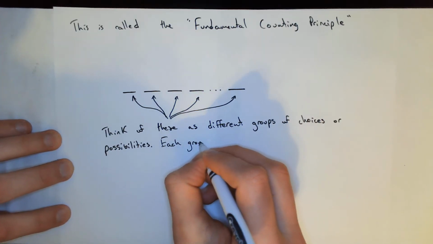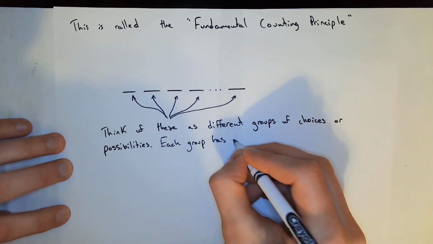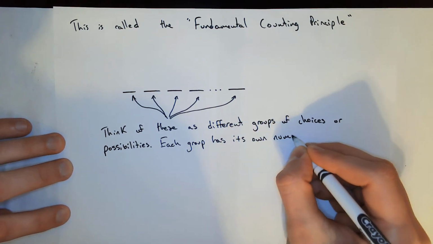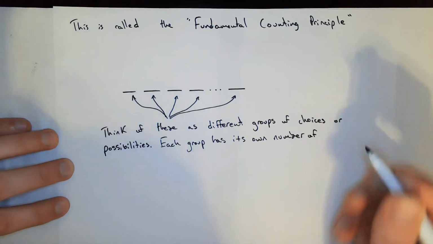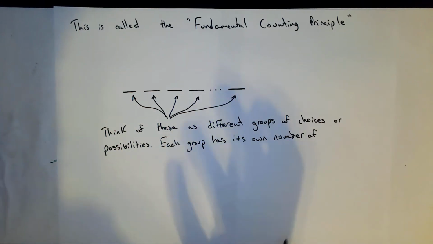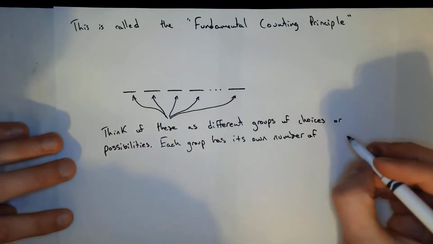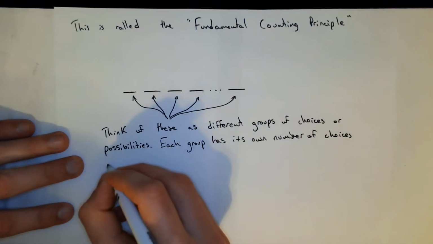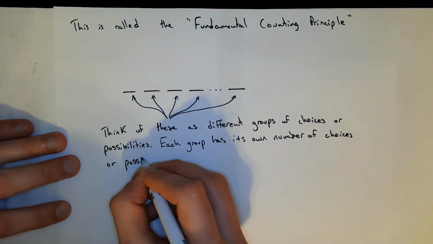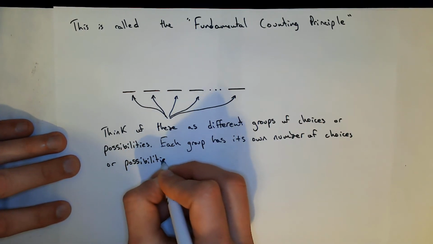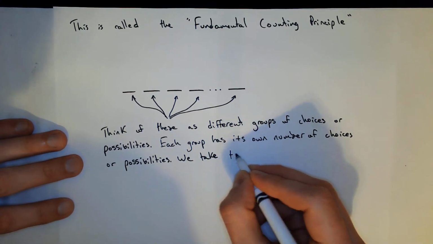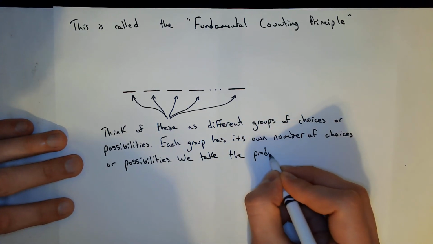Each group has its own number of possibilities within the group. Like crust is its own group, and inside that group there were 2 choices. It has its own number of choices or possibilities. We take the product. Product means multiply, right?